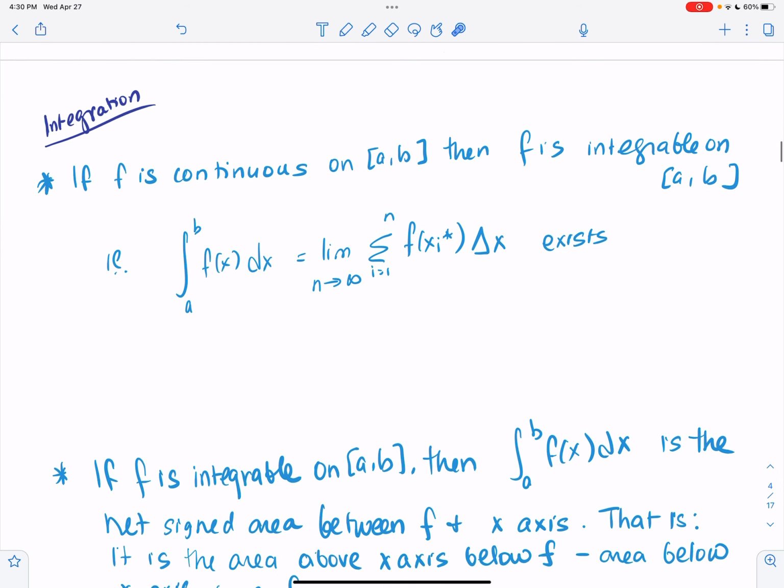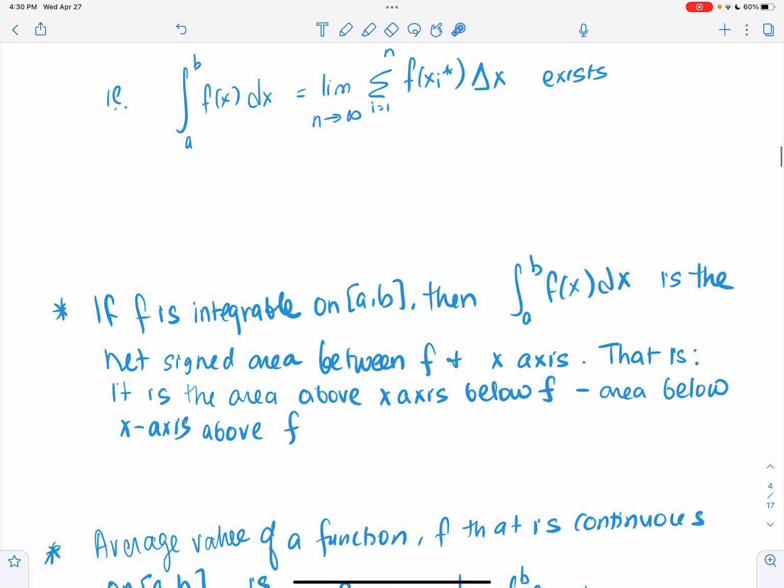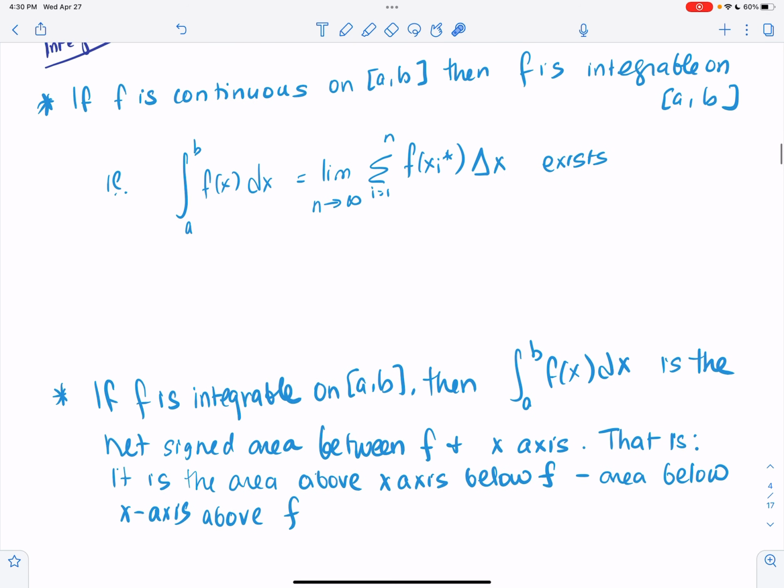Okay? Now, what is this integral? Well, suppose you have a function that's integrable, then what is this? This is the net signed area between x equals a and x equals b and the x-axis. What is the net signed area? It is the area above the x-axis, below f, for when f is positive, minus the area below the x-axis above f, when f is negative.